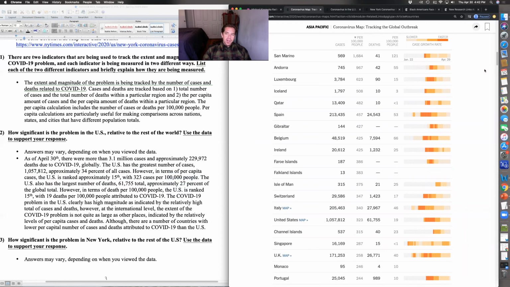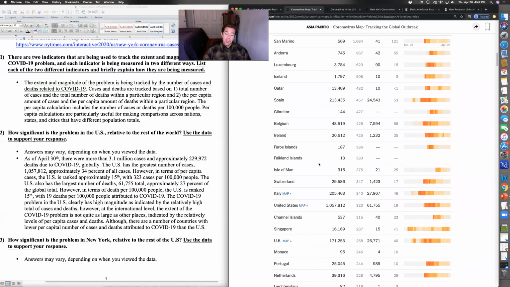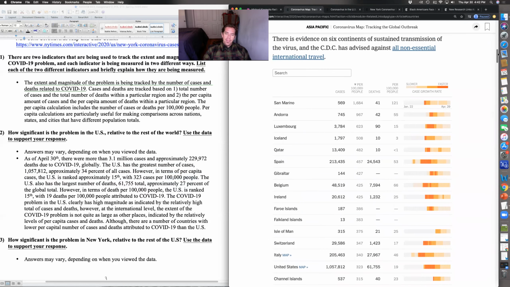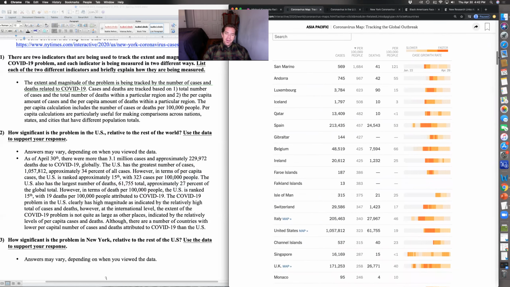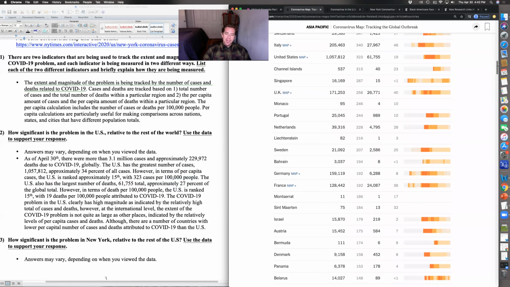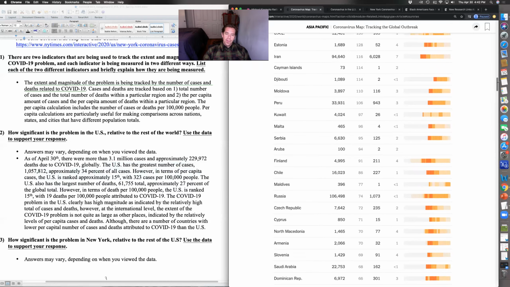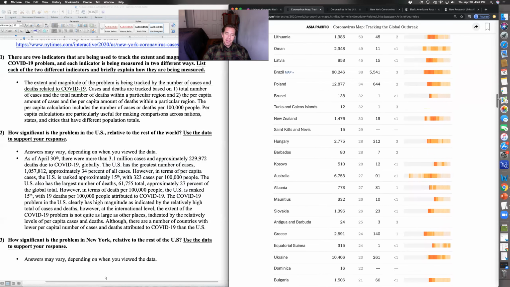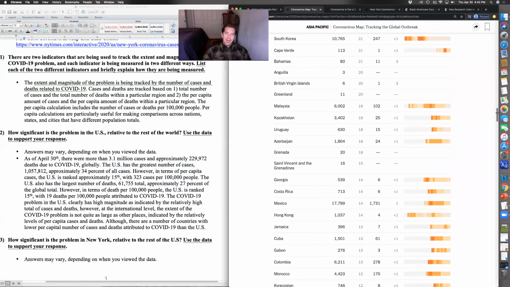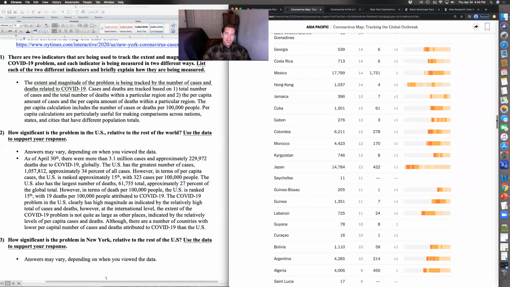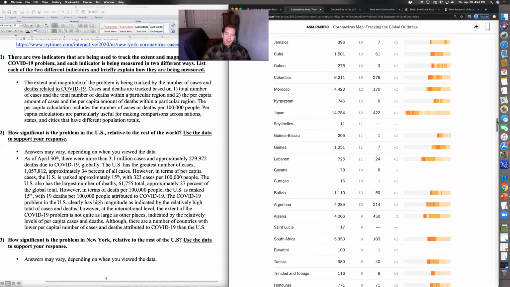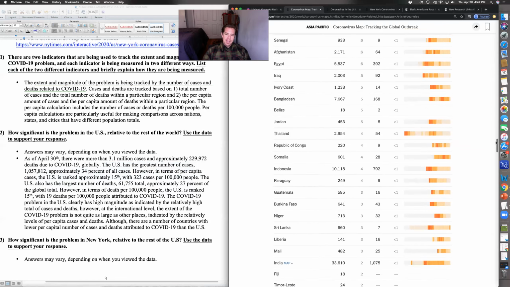There's 14 other countries that have higher rates of per capita COVID-19 than the US. The UK is just below the US. So the US is not at the top. It's about 15th, but certainly the US is among the top, because we can scroll down and there's a lot of countries below the US in terms of their per capita cases of COVID-19.